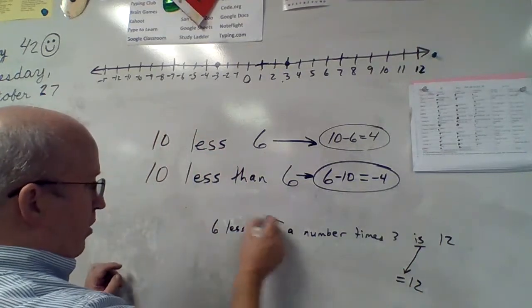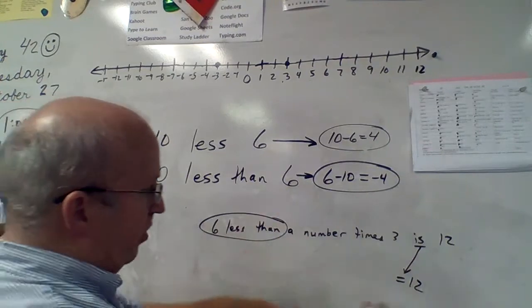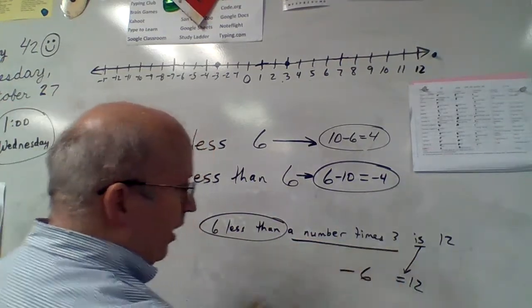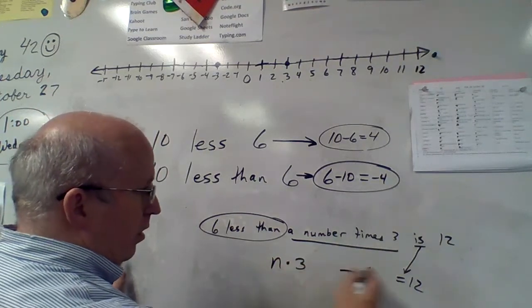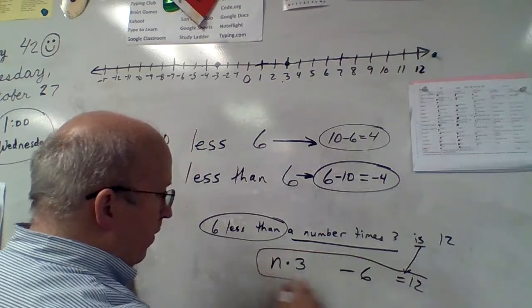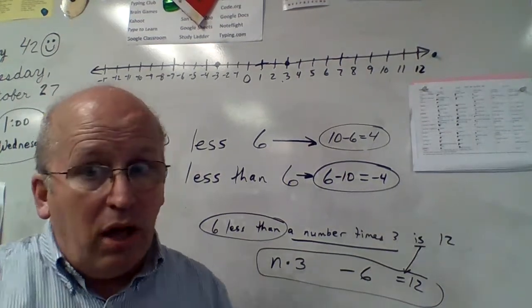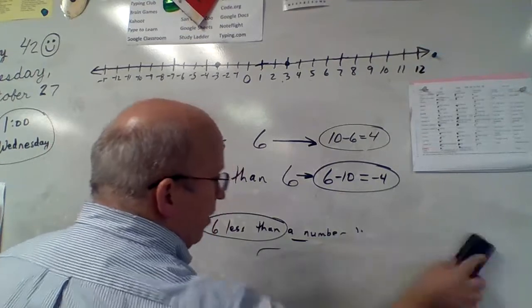Now, how do I do the 6 less than? Remember I said 6 less than? We flip it to the end. So it's minus 6. How do I do a number times 3? That's a number times 3. So here's our math problem. A number times 3 minus 6 equals 12. Okay? Now that might look complicated, but trust me, you will get the hang of this.